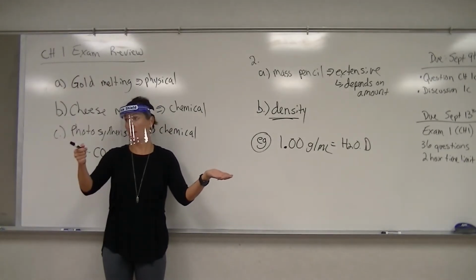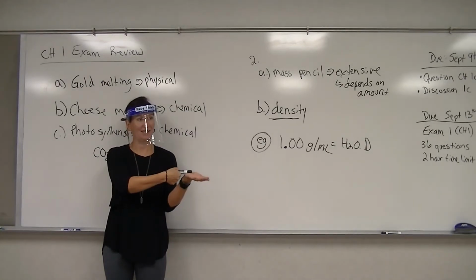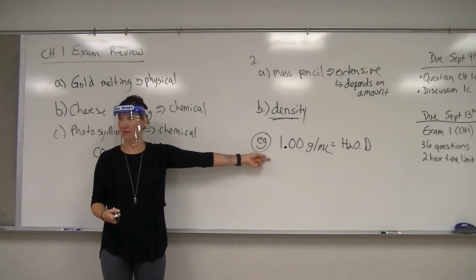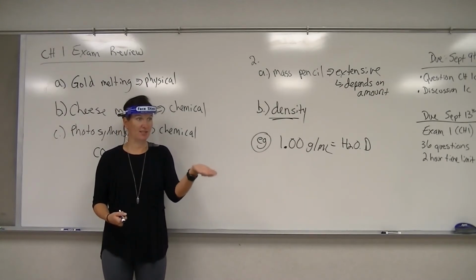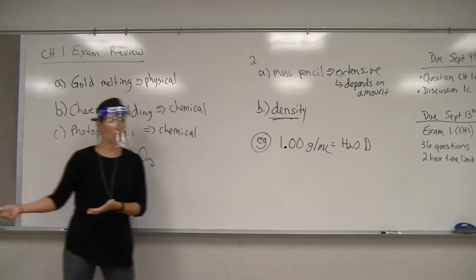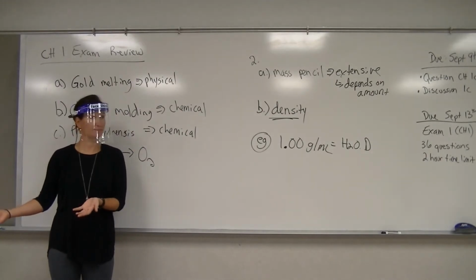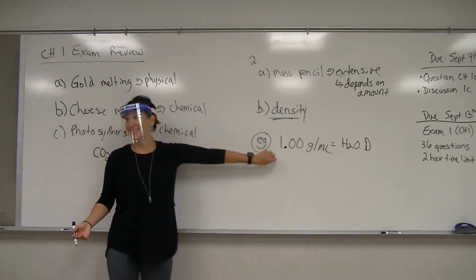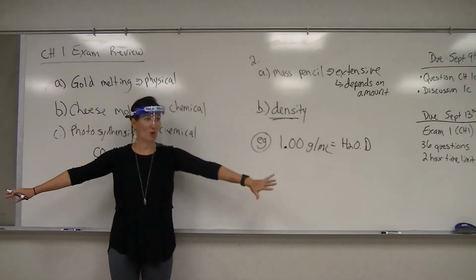The volume's smaller, but is the density? What's the density of water? 1 gram per mL. So my glass of water, the density is going to be 1. My bucket of water, what's the density of that water? The amount is more, the volume is more. The density is going to be the same no matter what.